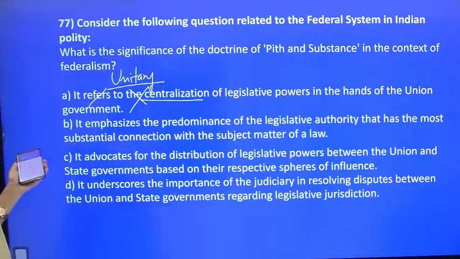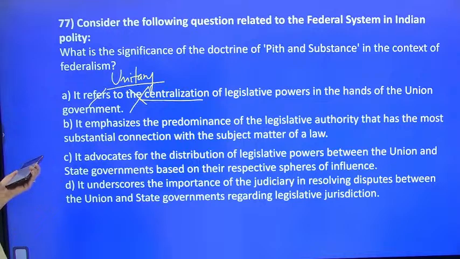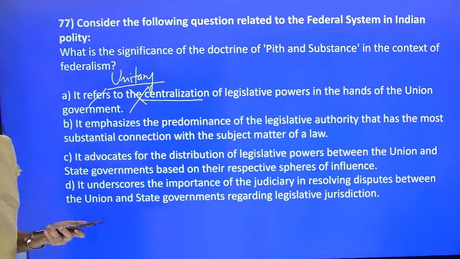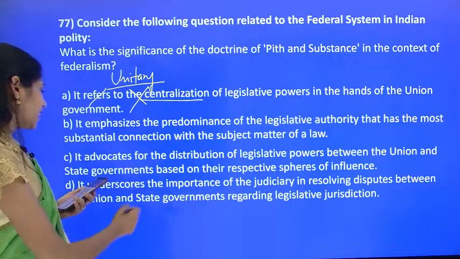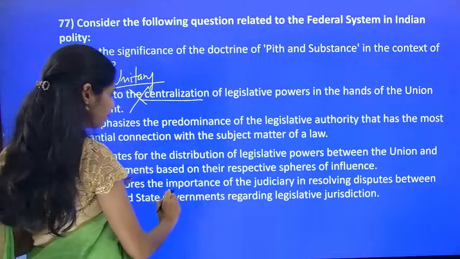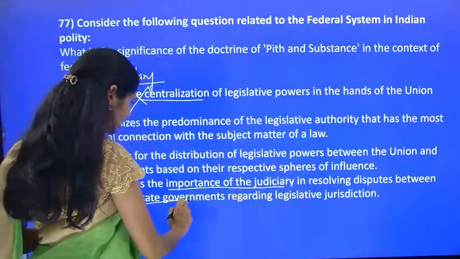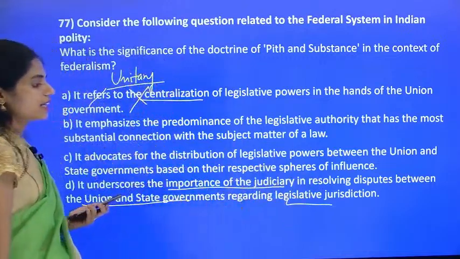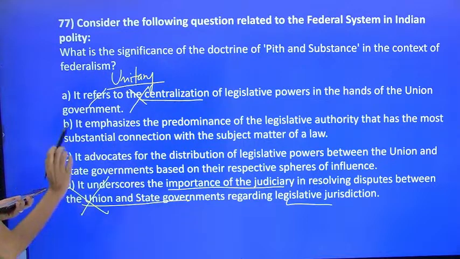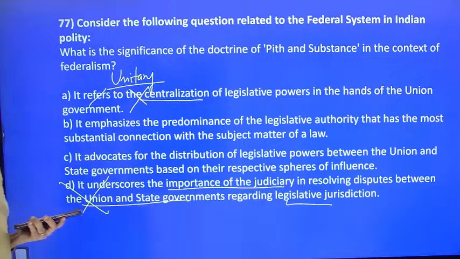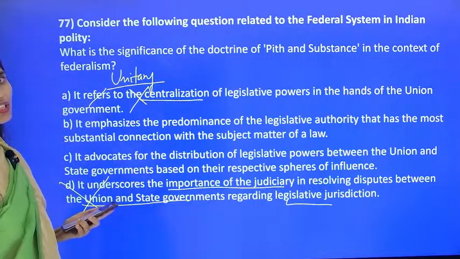Next: it advocates the distribution of legislative powers between union and state governments based on their respective spheres of influence. And next: it underscores the importance of the judiciary in resolving disputes between union and state governments regarding legislative jurisdiction. But this is not at all talking about the involvement of the judiciary between center and state in resolving disputes.